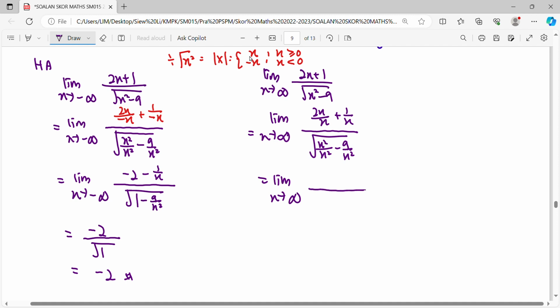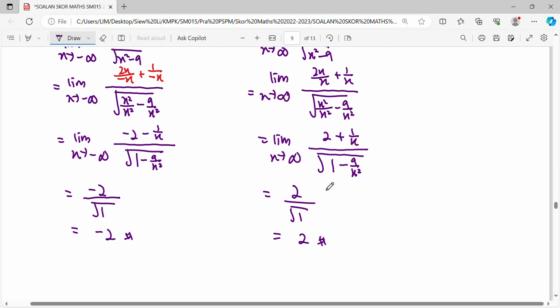Once we divide by x, we simplify, and we substitute our infinity inside. It will be 2 plus 0 over the square root of 1 plus 0. So finally we get 2. So the answer here is y equals negative 2 and y equals 2.